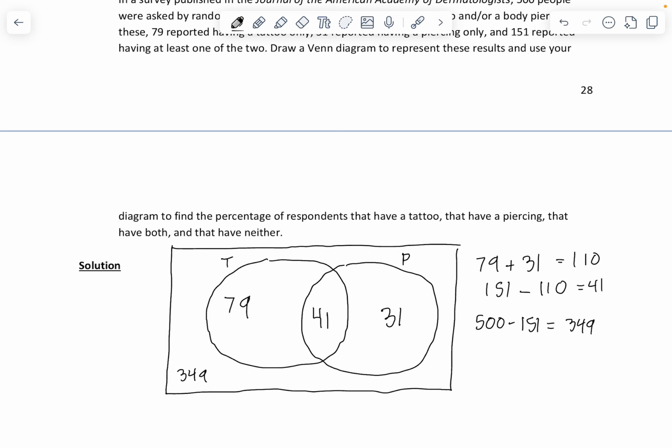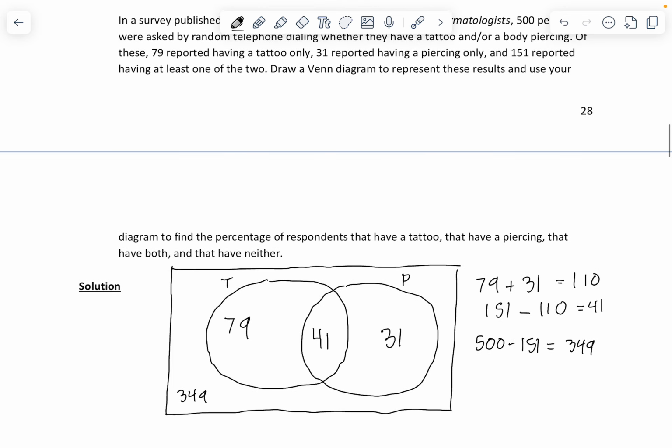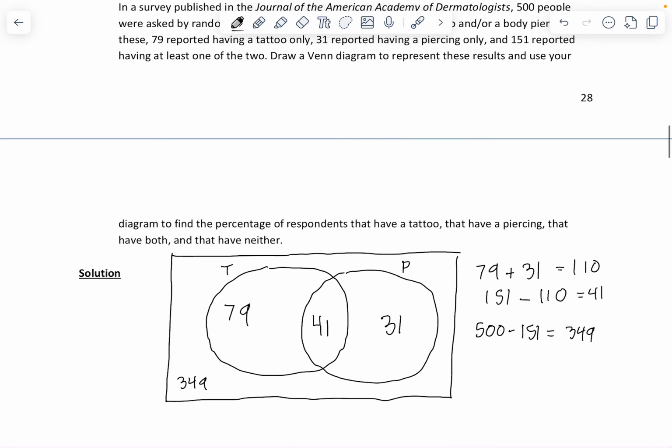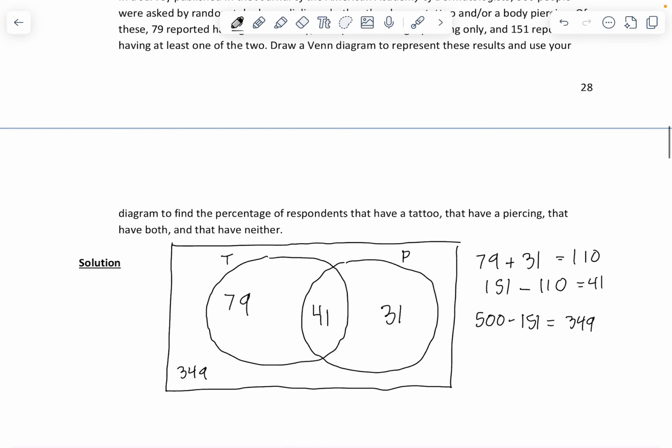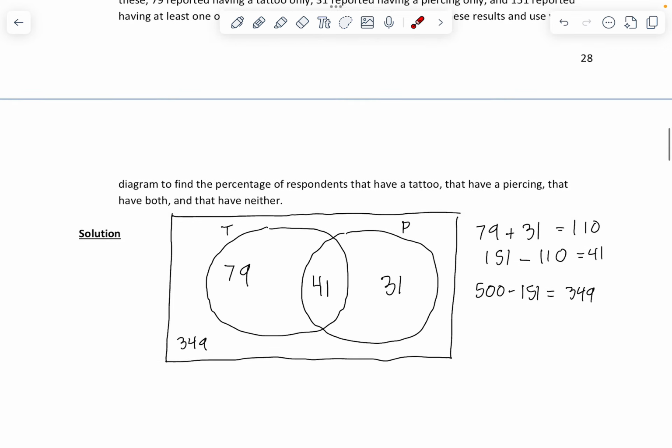Okay, so first of all, let's start with tattoo. What is the percentage of respondents that have a tattoo? Well, first I have to figure out the number of respondents that have a tattoo. That's going to be the total number of individuals represented by the circle labeled T. So it's going to be 79 plus 41, because some of them have a tattoo only, some of them have both.